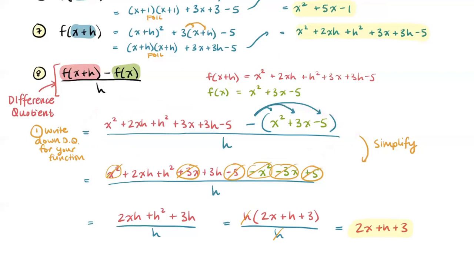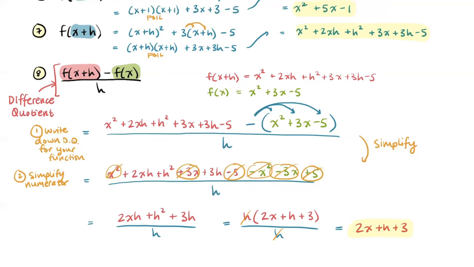Then work on possibly simplifying the numerator. There are going to be a couple different ways that we do this, actually maybe 3 different ways. One way is what we did here, where we expanded out the numerator, distributed a negative, and then canceled some like terms. You'll see 2 other ways that we will simplify in just a couple minutes.